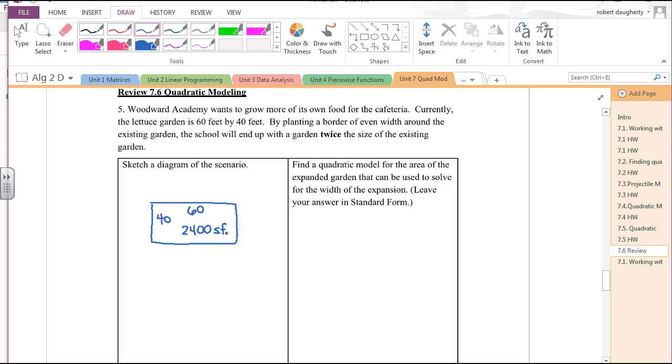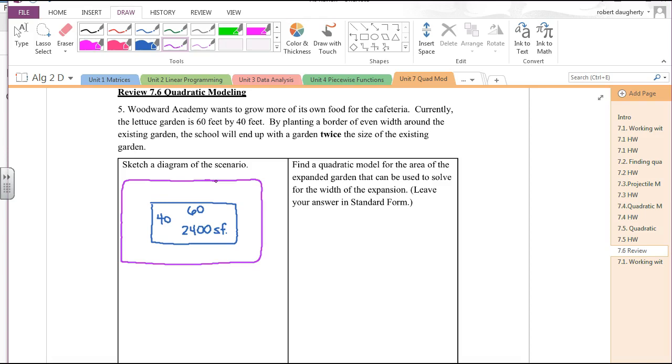Okay, so 40 by 60. I want to put a border around this garden, a border of even width, and I want to end up with a garden that is double the size of the one that I have.